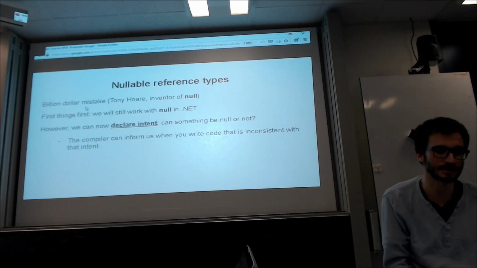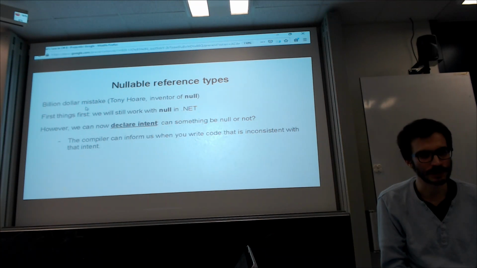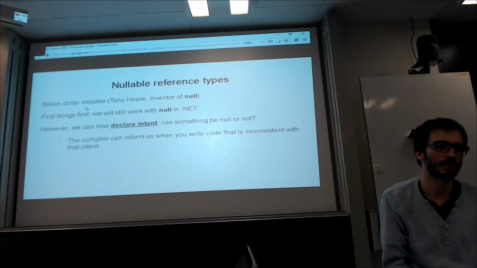Nullable reference types are a way of having fewer null reference exceptions, but that doesn't mean that we'll stop working with null. It just means that now we'll be able to say in the programs that we write when a reference type should never be null and when a reference type can contain null.